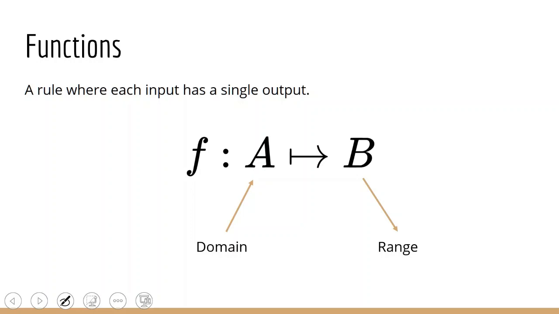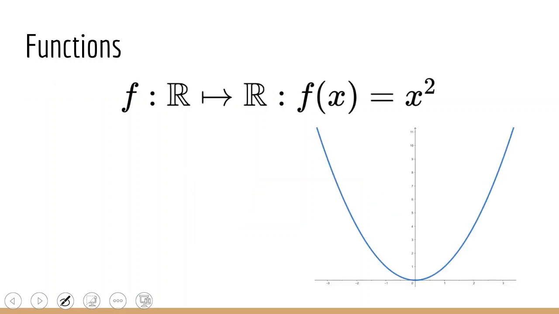So to understand this, let's look at an example. So let's say we have our function f that maps from the real numbers to the real numbers, and the rule is to square the input. From our quadratics lesson previously, we would know that this graph is a convex parabola.